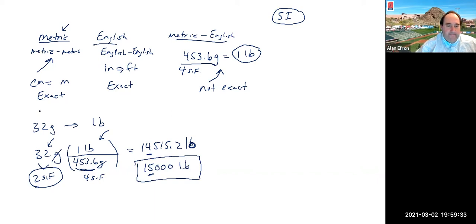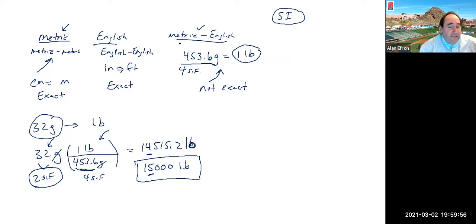Other questions on that? The short answer is you'll probably be okay in most cases if you're just doing conversions, if you look at the first number and whatever sig figs it has, that's probably the right answer. But just keep in the back of your mind, technically speaking, when you cross over from metric to English, these are not usually considered exact numbers, and you technically should take those into account.